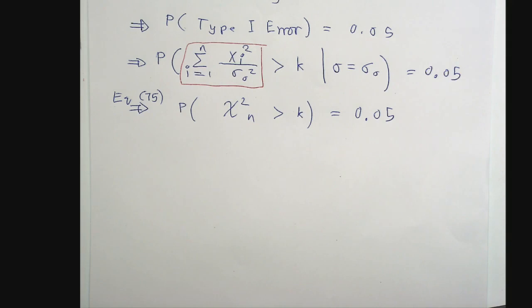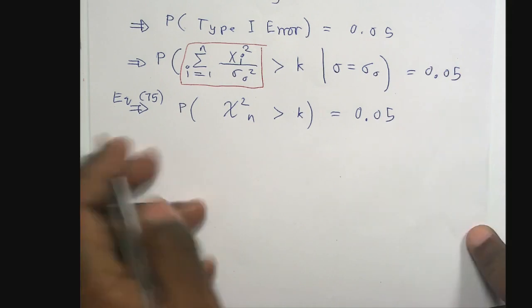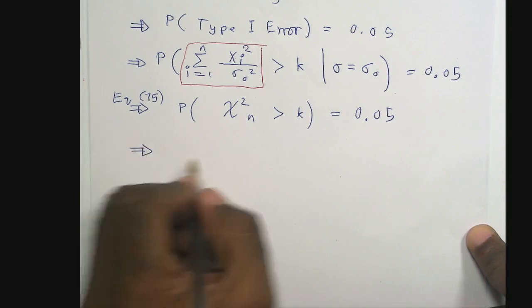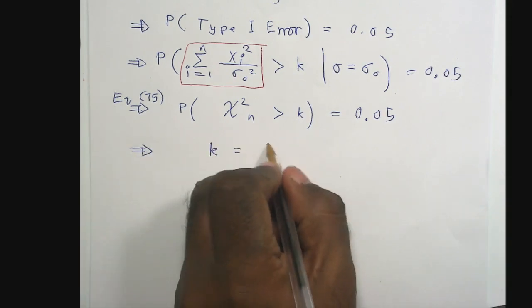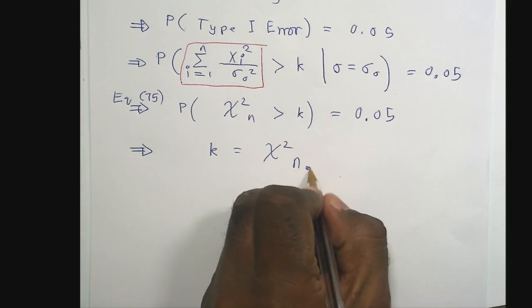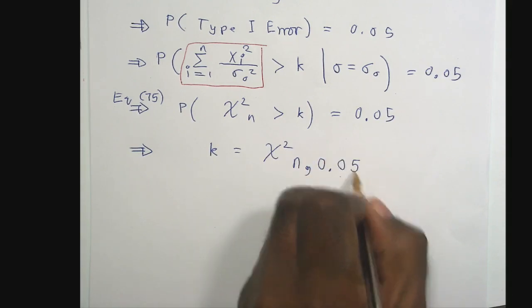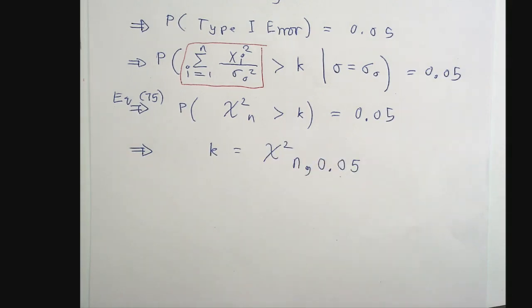It's on page 17. Right, therefore, K must be the percentile of the chi-square distribution with the probability of exceeding equal to 5% or 0.05. So that completes part 2.